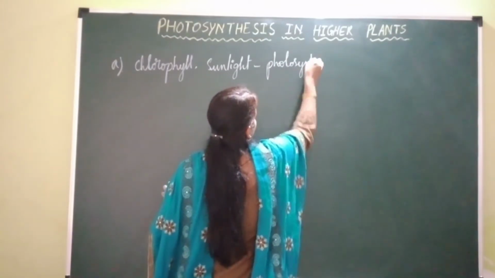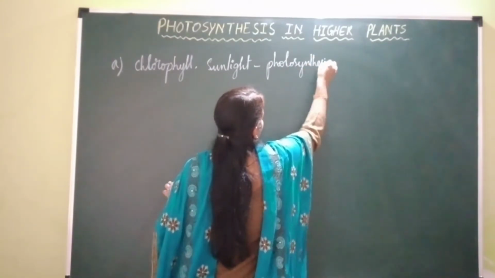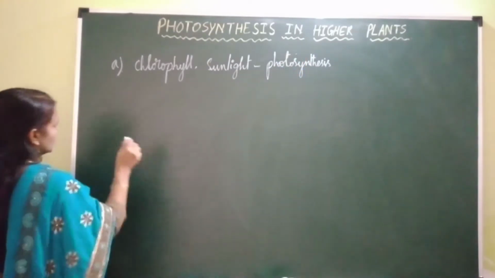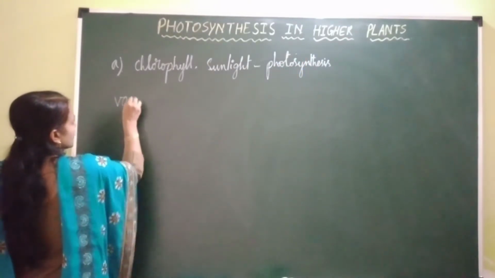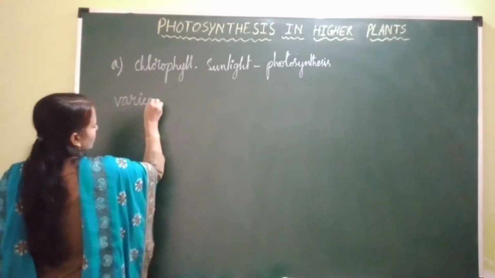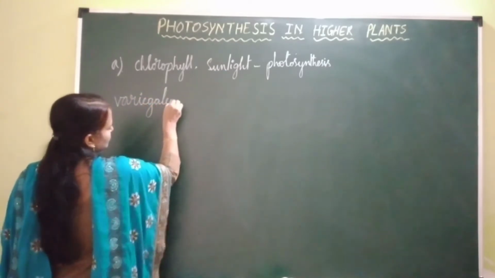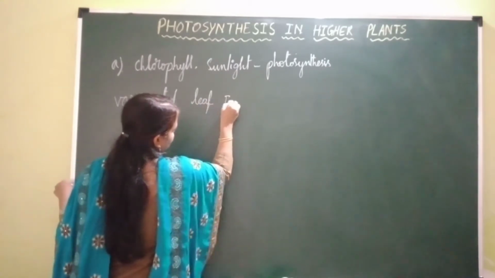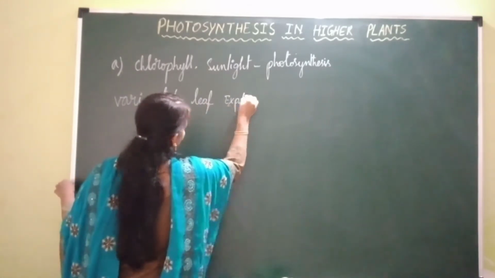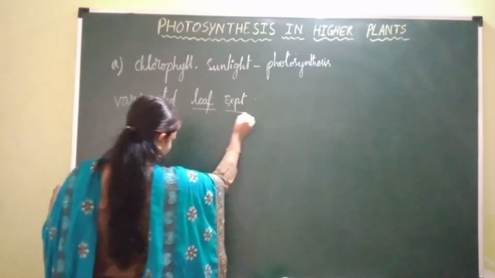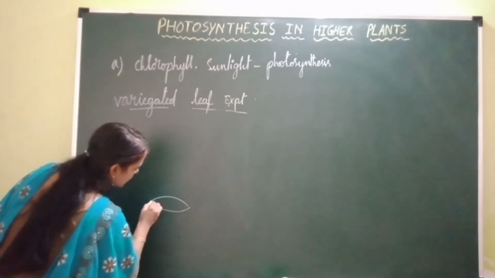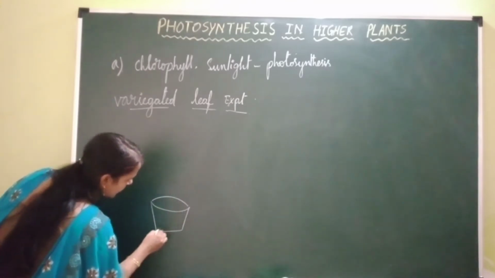So here in this experiment, a potted plant with variegated leaves is taken. This is called the variegated leaf experiment.